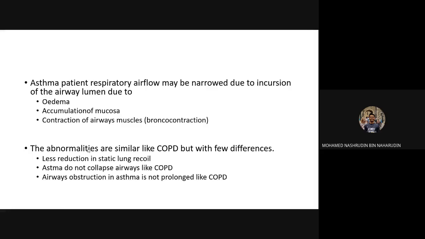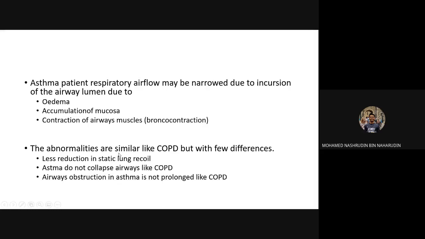Bronchoconstriction, meaning the airway is shrinking, contracting. But this is not as severe as COPD, of course. It doesn't happen in a prolonged manner. It will relax in due course, and the duration of contraction is also shortened if you take medication, an inhaler.